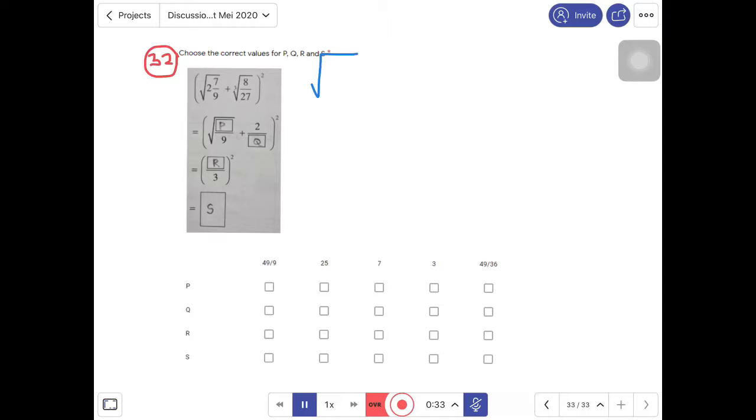So it becomes square root 25/9. And then plus cube root 8 is 2 over cube root 27 is 3. And then we have squared outside there.